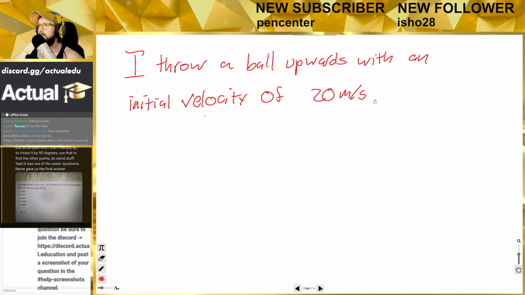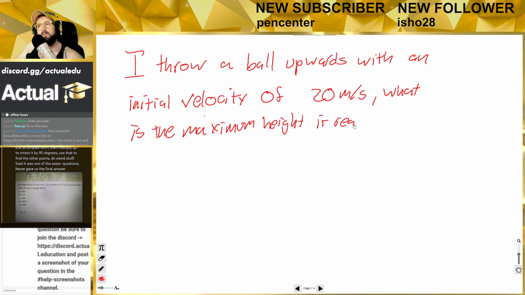Okay. What is the maximum height it reaches? This is a very good one.